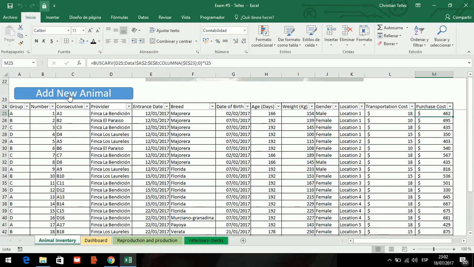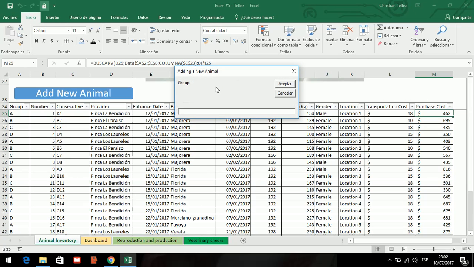Here we can add a new animal. In this case, we have some input charts where we can put the information regarding the animal. Okay, in this case we can cancel and we have to cancel all the information.